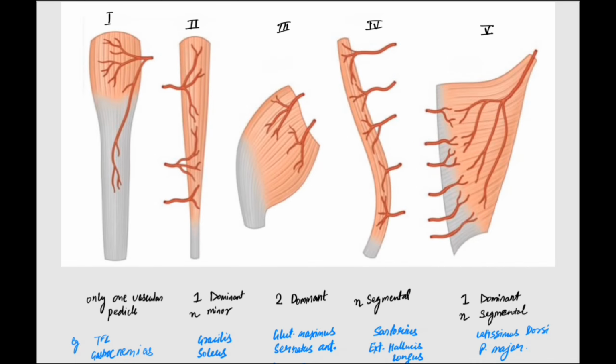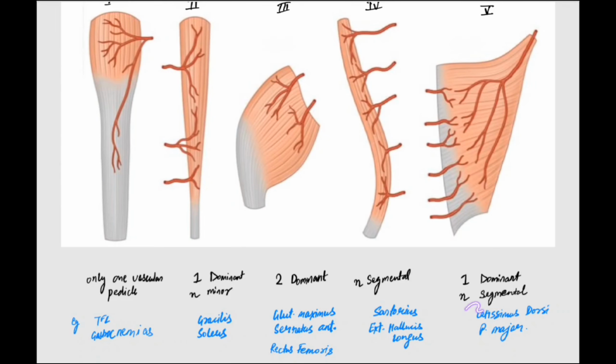So type 5 can be harvested either through the dominant vessel or through the segmental vessels, just like type 4. The classic examples are the latissimus dorsi and the pectoralis major flap.